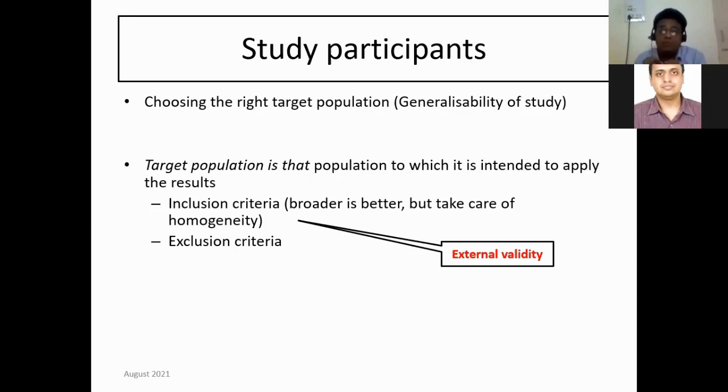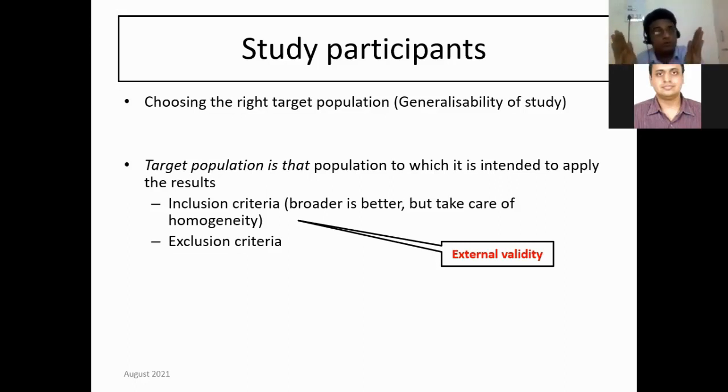For example, in this study, if I want to test for anemia and I choose only those pregnant women who are eating very well, who are having only a vegetarian diet, I am not including non-vegetarian diet, I'm including only those who have a body mass index of so and so. That means you make the criteria very stringent, right? So once your results come, I can apply that result only to that narrow population.